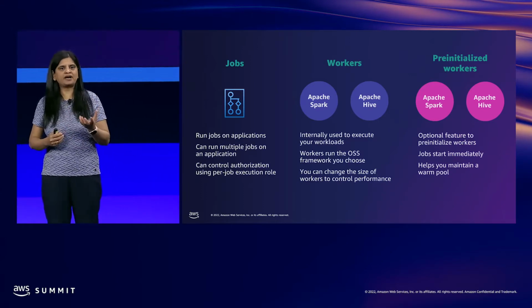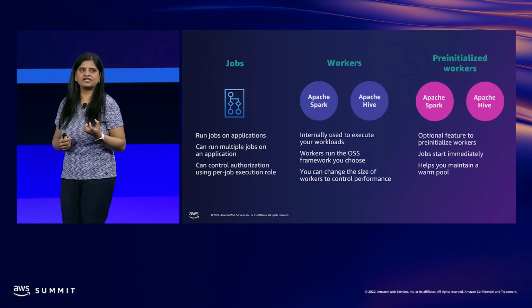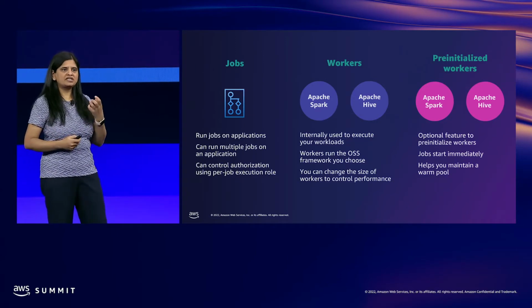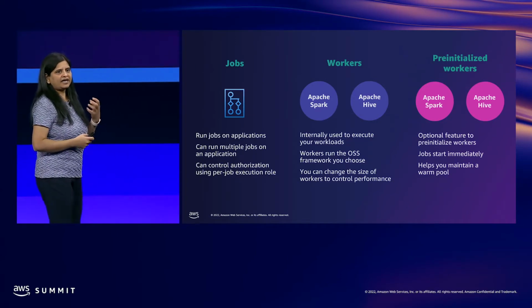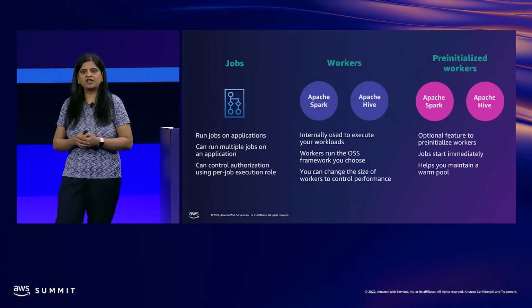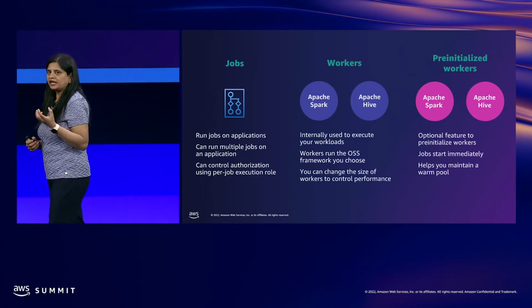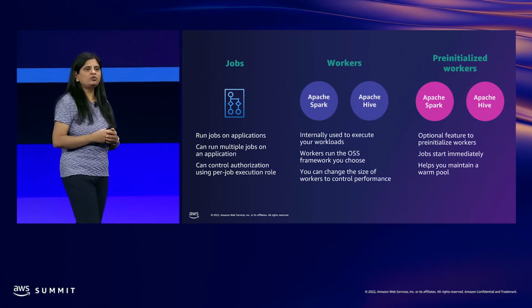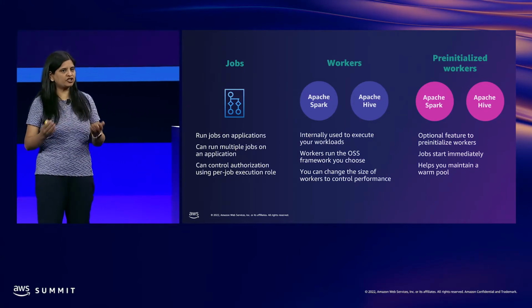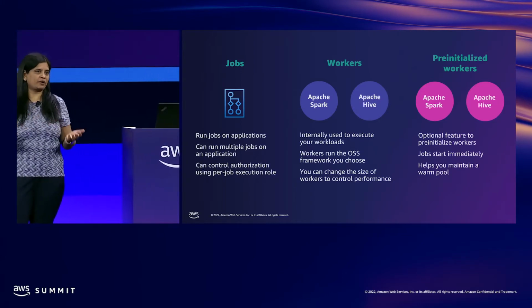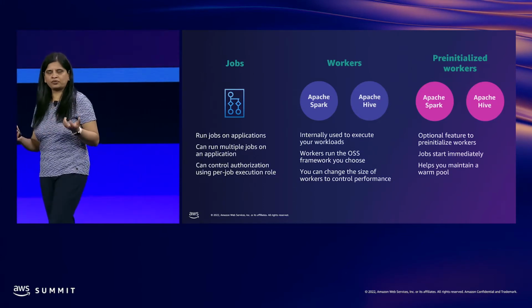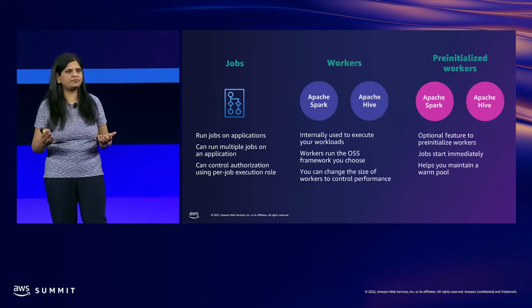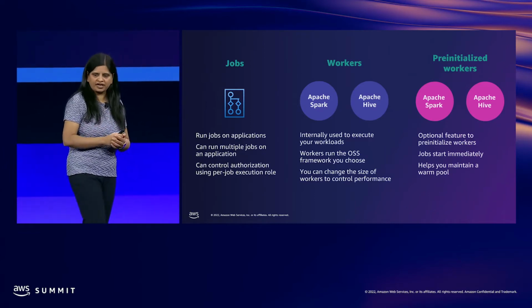So by default, each worker is run with 4 vCPU, 16 GB of RAM, and 20 GB of storage. You have the flexibility to change the vCPU and memory for your jobs depending upon the requirements. So if your job requires 1 vCPU or 2 vCPUs, you can adjust that while you're running your jobs.